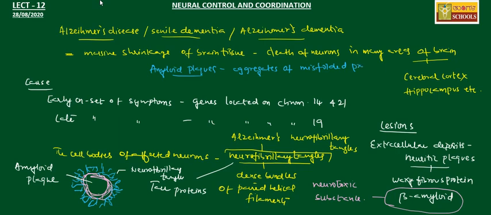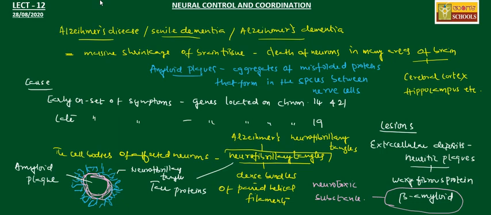They are aggregates of misfolded proteins that form in the spaces between nerve cells.